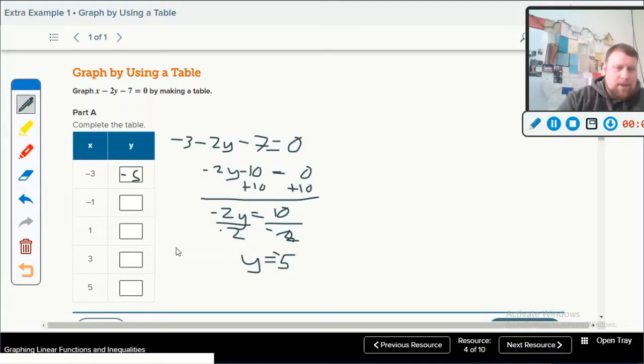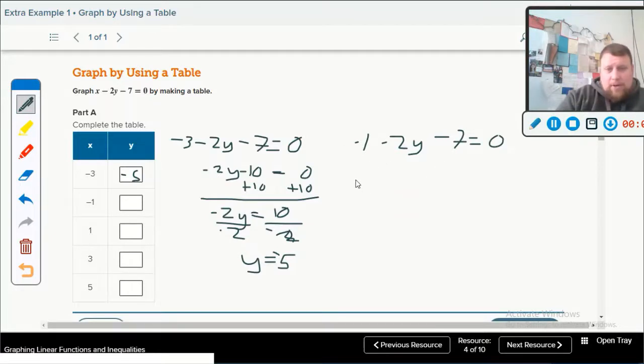Awesome. And then let's do this next one. And we're told this is a line, by the way. We know this is linear. It's x and y only to the first power, so it's a line. And that's going to be good for us because it means it's going to have a solid growth value. -1, we're just going to plug -1 in. -1 minus 2y minus 7 equals 0.